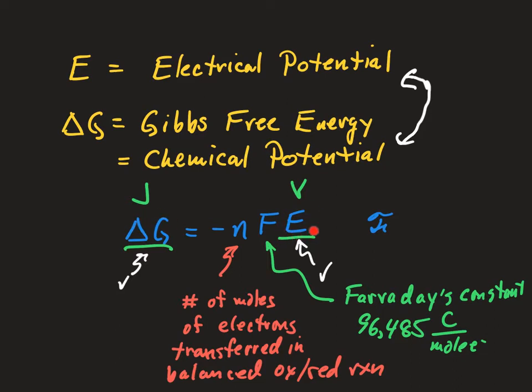But when the potential for an oxidation reduction reaction is positive, the reaction is spontaneous. So a positive potential times that negative charge leads to a negative delta G. So that keeps our trends consistent. So this relationship is important.